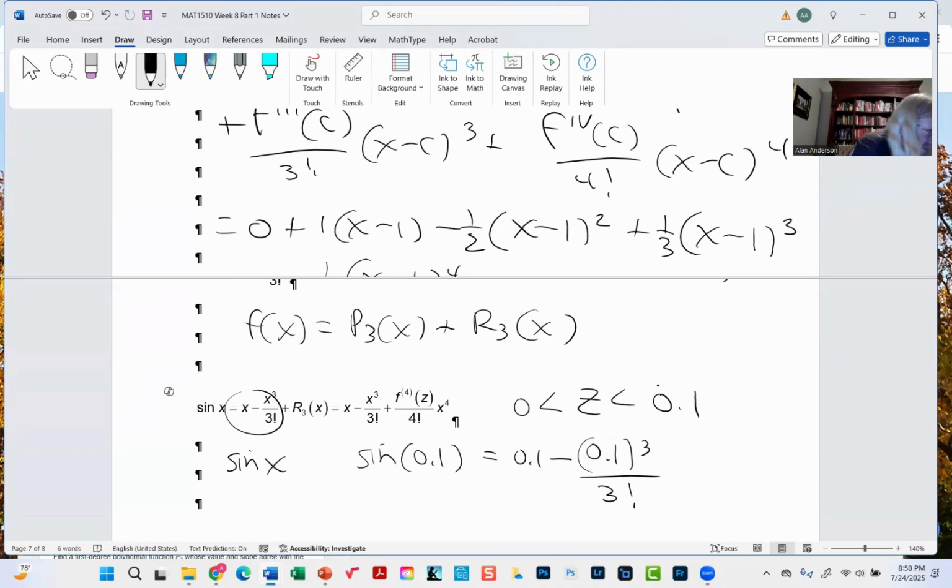Hold on 1 second. Let's see what this is equal to, approximately. Now, I'm not sure how many digits they need, but 0.1 cubed divided by 6 is subtracted from 0.1. Oh, I know what I goofed, sorry, 0.1 cubed.